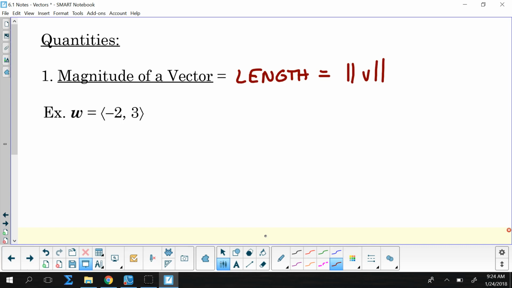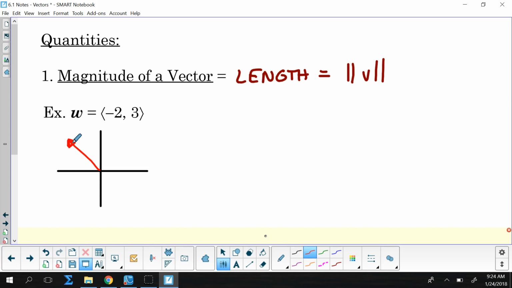Okay? So let's take our vector and let's figure out where it actually goes. So -2, 3 would be somewhere up in there, correct?